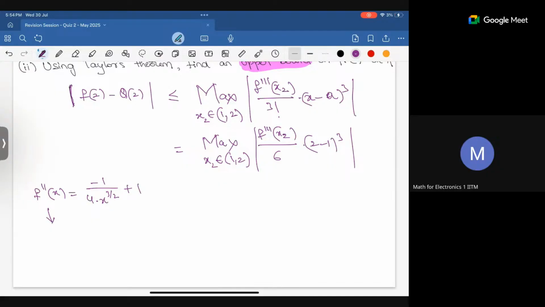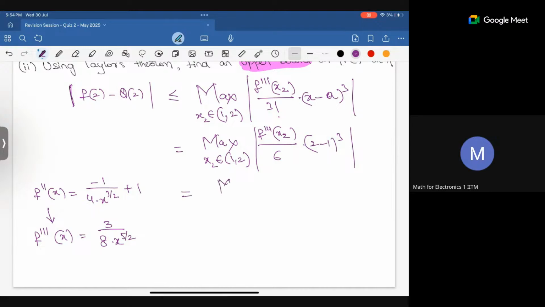If I take the derivative once again, I'll have 3 by 8 into x power 5 by 2. You just have to take the derivative of the above expression and you will obtain this, 3 by 8 into x power 5 by 2.